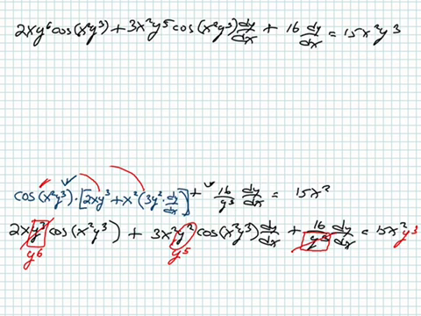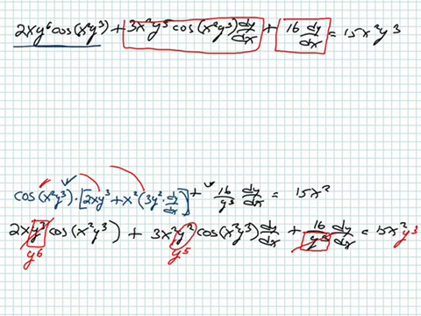So what we want to do is isolate all the terms that have dy dx and get those on the left-hand side. And cool, actually they both are. So the only thing I really need to do here is take this term that doesn't have a dy dx and bring it over to the right-hand side. And then I'm going to factor out a dy dx on the left-hand side.